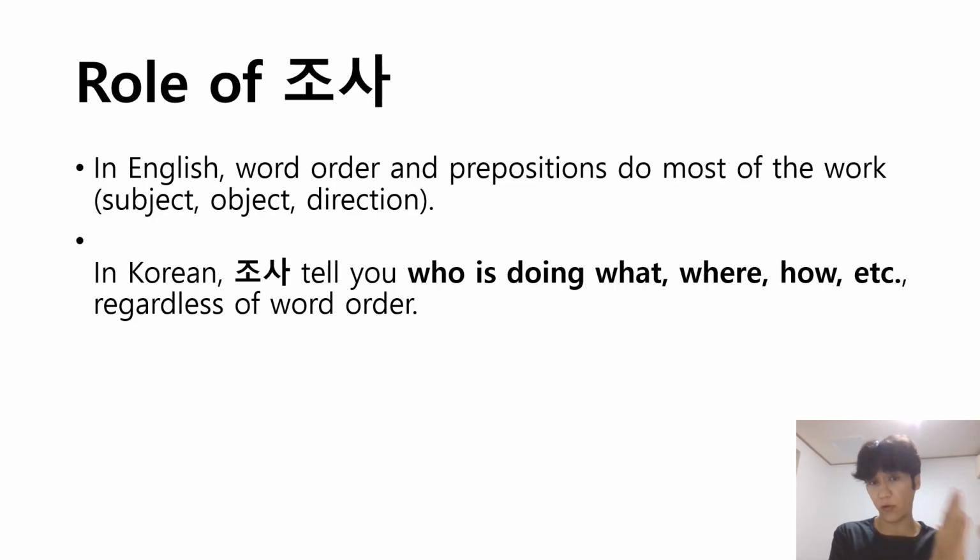If you use a word at the beginning of the sentence, that means it's a subject, right? But in Korean, you can use an object at the beginning of the sentence, or at the end of the sentence, and it makes sense because it has a particle attached to it. So you can get the meaning of the sentence. The word order in Korean is not that important.